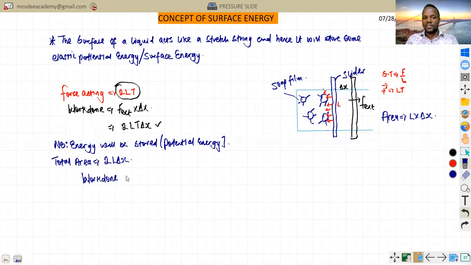Work done is now equal to, watch this, 2LT delta X, where T is the surface tension. And the area is 2L delta X.